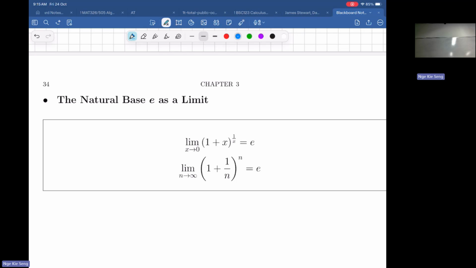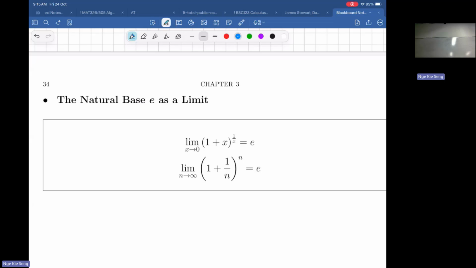So what is the limit of (1 plus x) to the 1 over x? In principle, this is really hard to compute. You are taking 1 plus x to the power of the reciprocal of x, so it's very hard to even imagine this function. But it turns out that if you take the limit as x goes to 0, you get e.